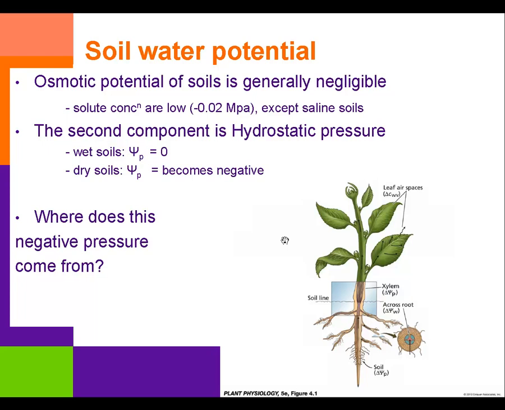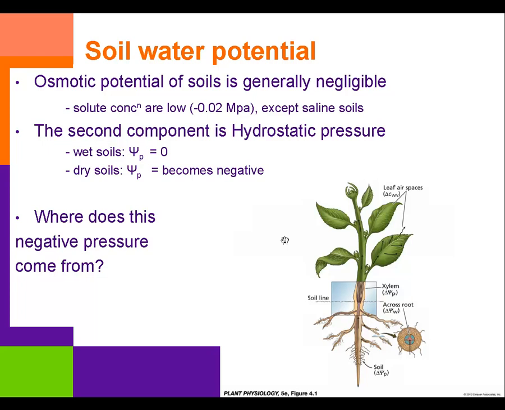So we've got gravitational potential, which partly makes up water potential, and then there's also the osmotic potential, which is provided by the dissolved solutes in the water within the soil. Generally that's very low in soils because there's a low concentration of dissolved solutes per unit water in the soils.